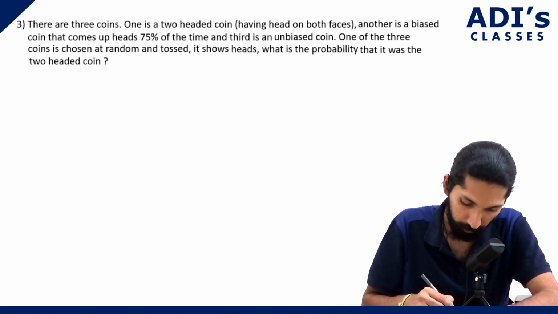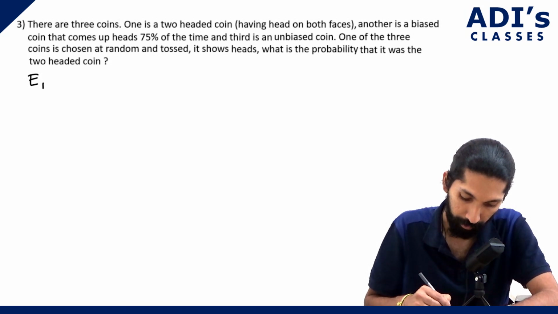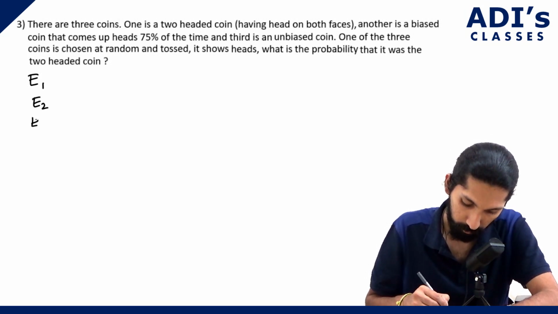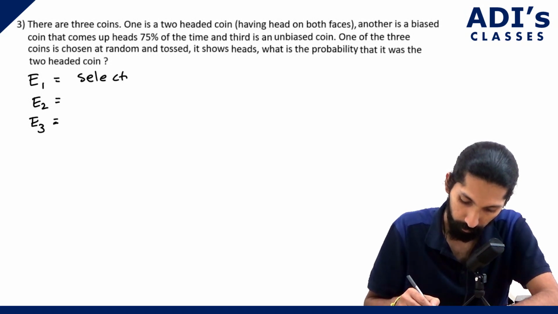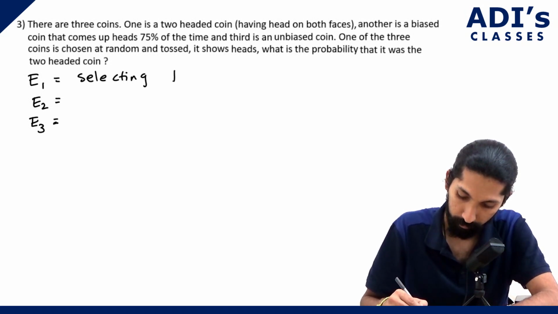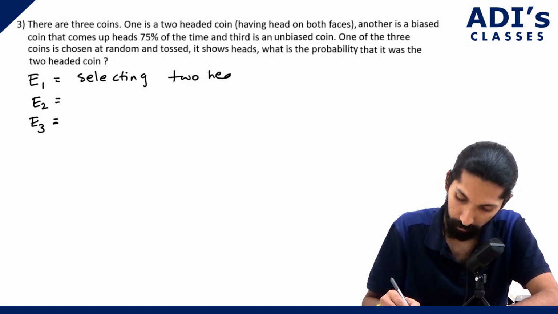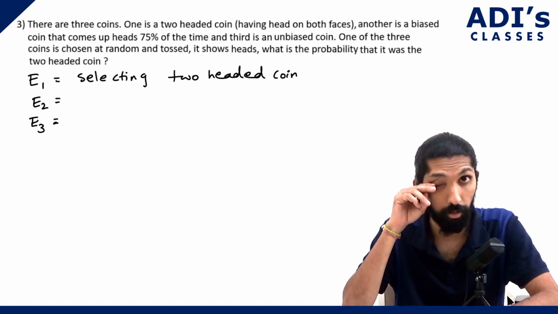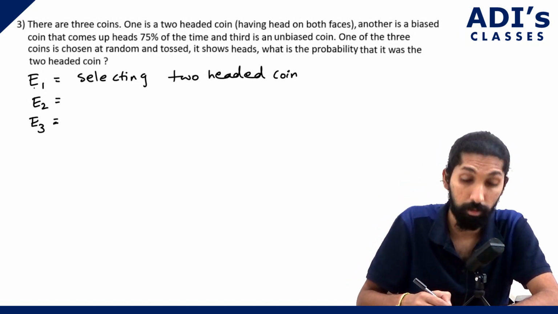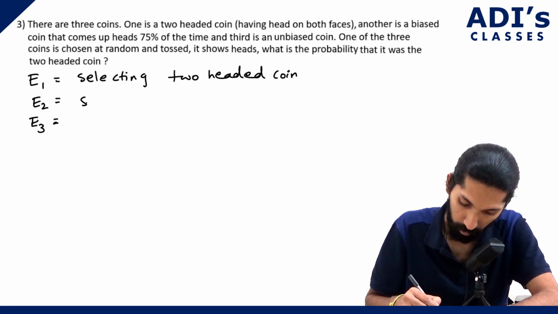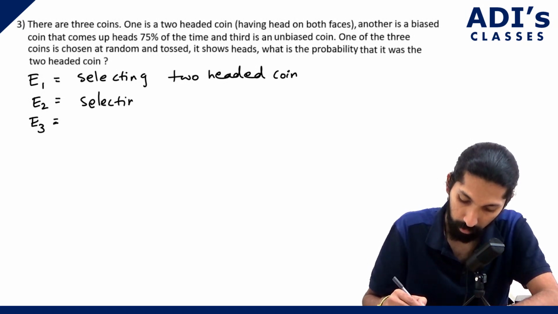See, we'll take 3 events, we'll define E1, E2, E3. The first event is selecting the two-headed coin. Selecting two-headed coin, this is going to be E1. Next, E2 is selecting a biased coin.